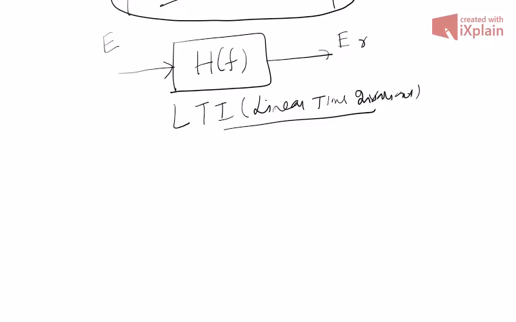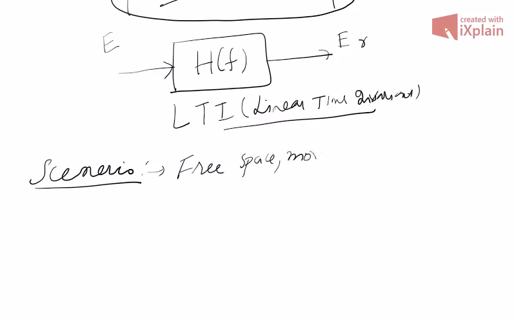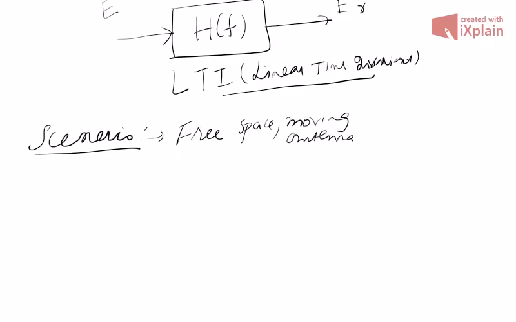Now this was a very simple setup. Now let's take the very first wireless or practical mobile scenario. We are in free space, but we have a moving antenna. Here is a transmit antenna, but the receive antenna is moving with velocity v.